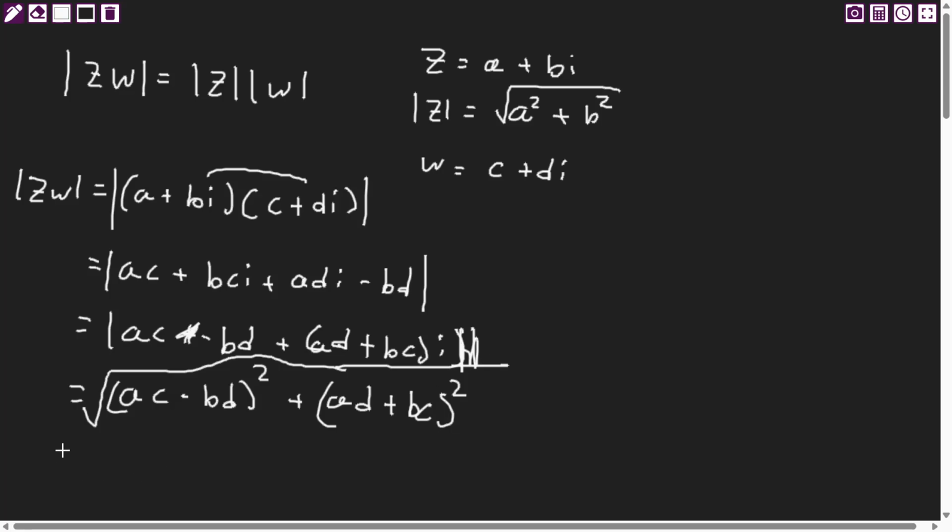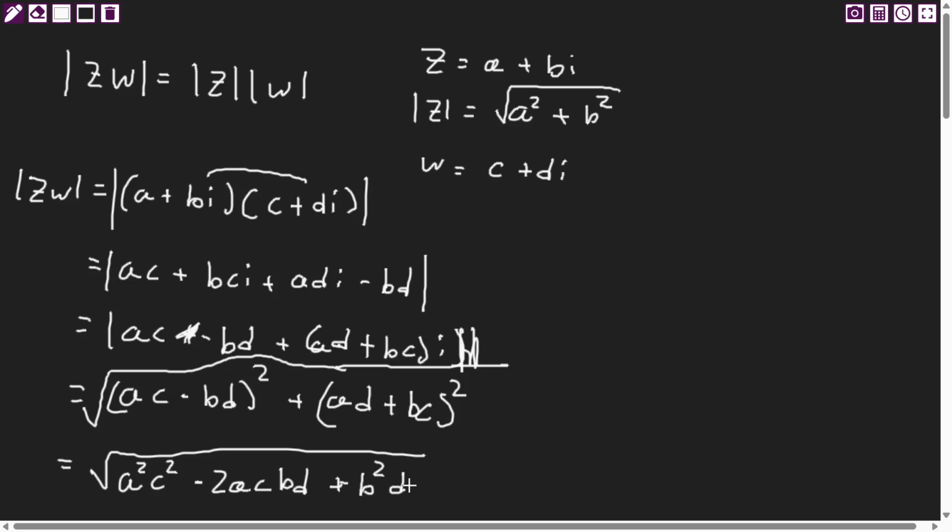So we can expand that out. So this is the square root of a squared c squared minus 2 ac bd plus b squared d squared plus a squared d squared plus 2 ad bc plus b squared c squared.